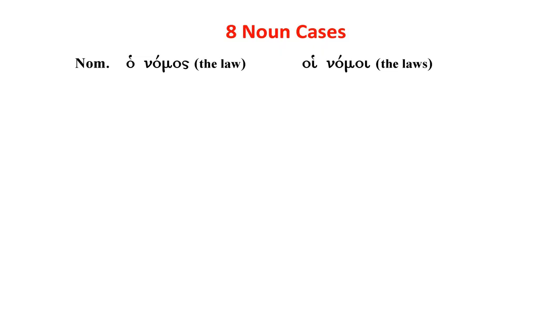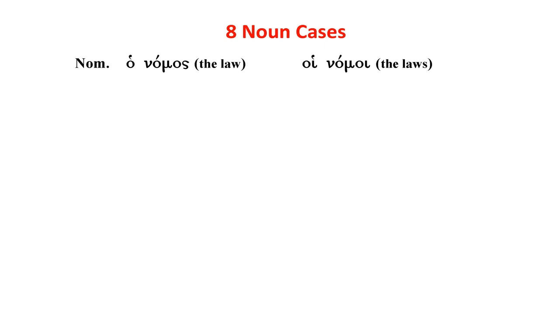So having given you a broad overview of the case system, let's go back to each of these cases one by one, and I'll explain a little more about each case. In the very first instance, we have the nominative case. Here again is ho nomos, singular, the law, or hoi nomoi for plural, the laws. And this particular word, again, is a second declension noun form.